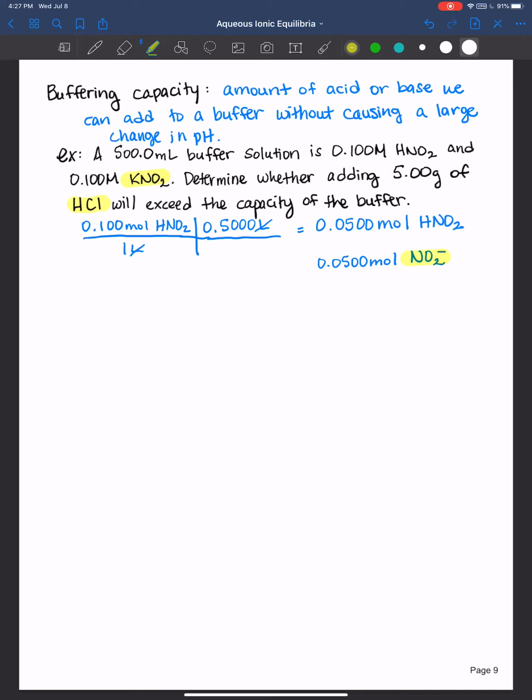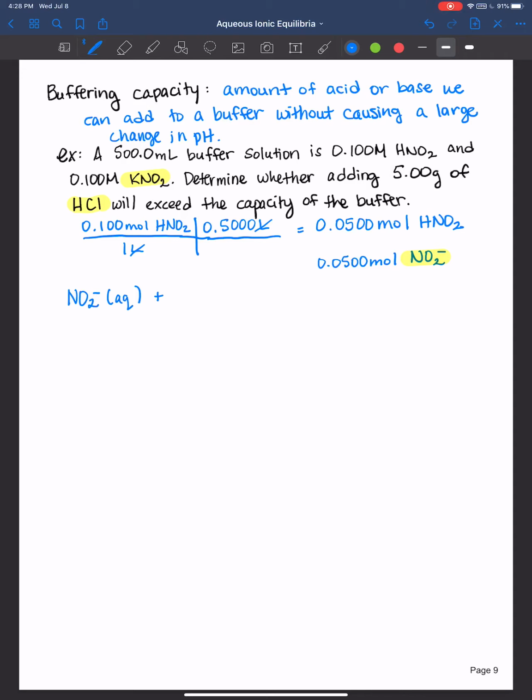Okay, so let's write down the equation. I'm going to just write down the nitrite. Potassium is just a spectator ion. I like to write the net ionic equation. So that's my base. And then speaking of net ionic equations, HCl dissociates in the presence of water into the hydronium ion and the chloride anion, which the chloride is also a spectator.